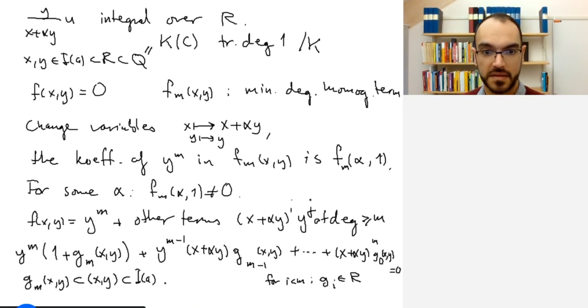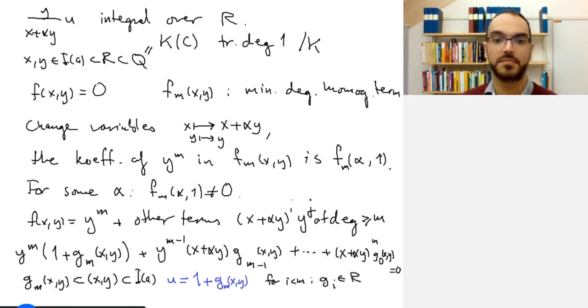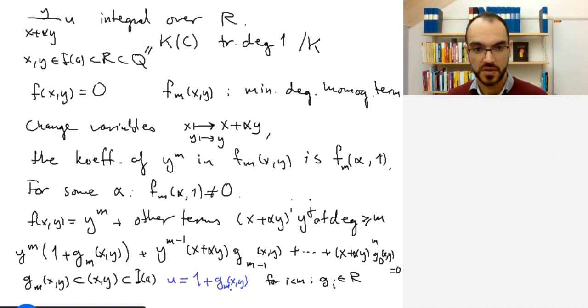And now I set u to be equal to 1 plus g_m of x, y. Because g_m of x, y belongs to the ideal I of A, and 1 does not, u cannot belong to the ideal. So this is exactly the element u that I wanted earlier.